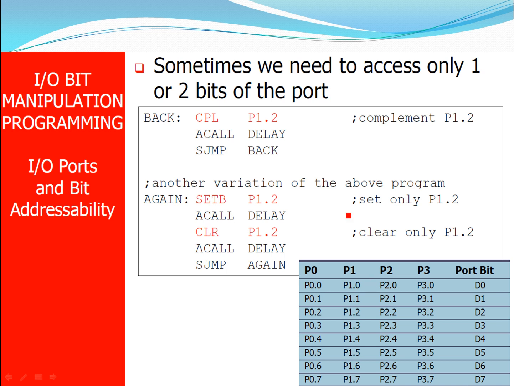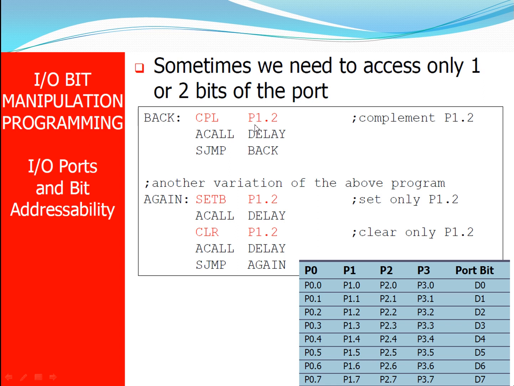So let's consider this example. Here I'm complementing the port pin P1.2 continuously. For that I'm writing CPL P1.2. If you write CPL P1, it complements all the bits of port 1.